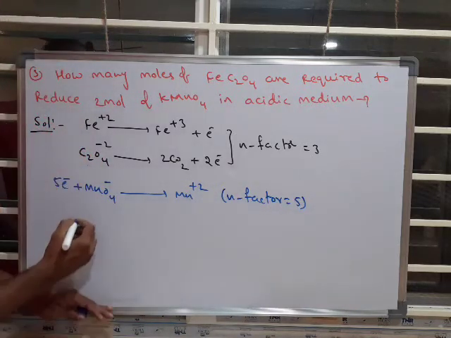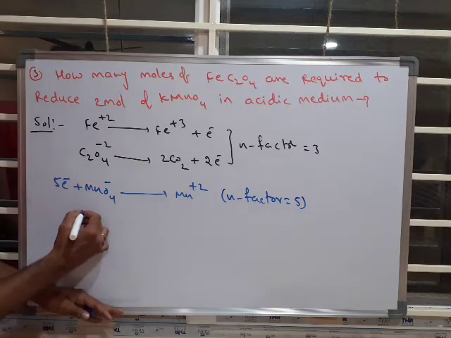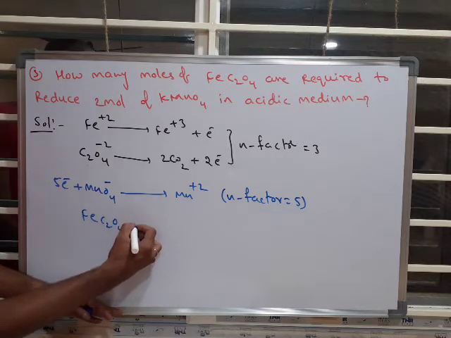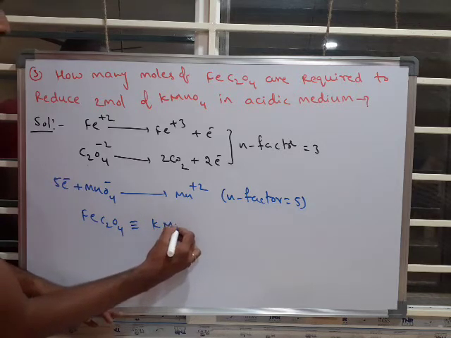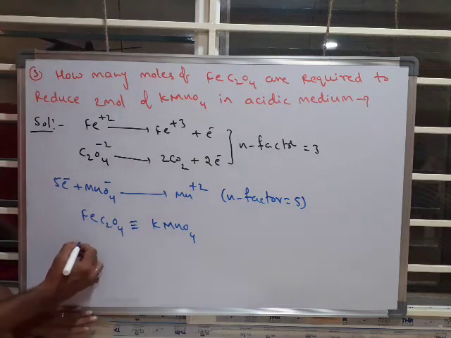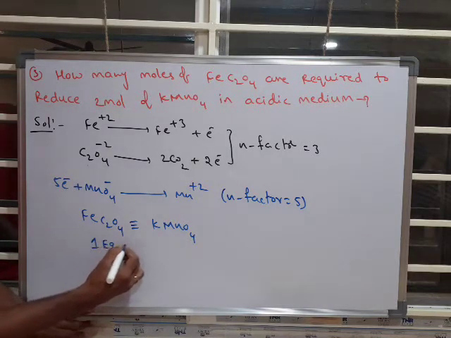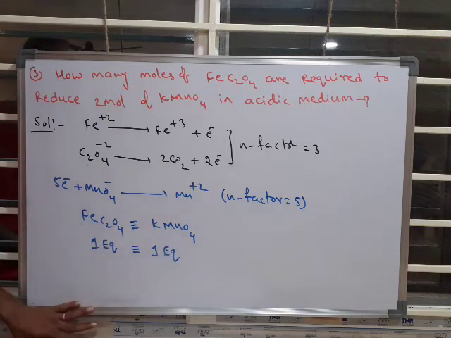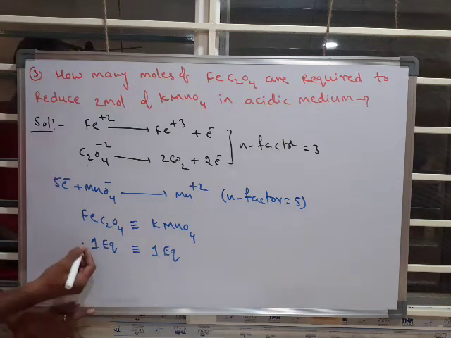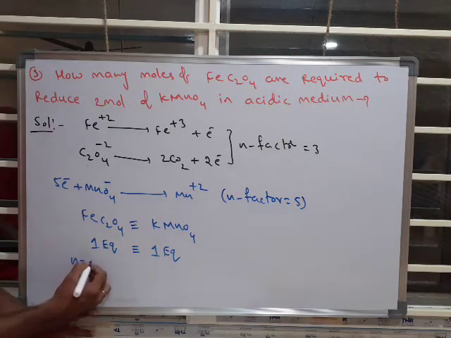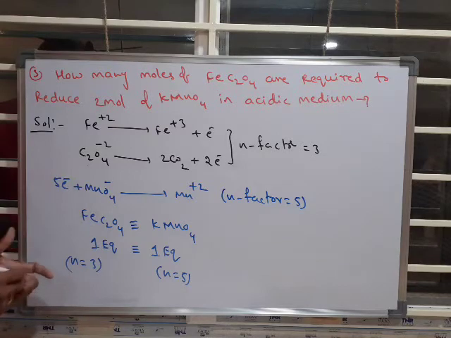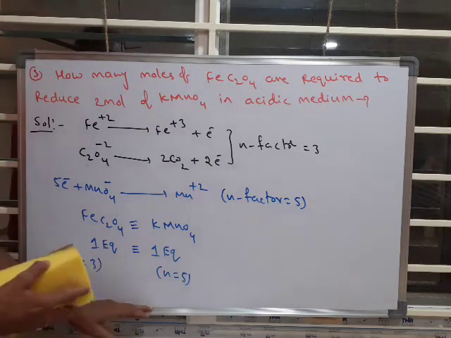So it is given in terms of potassium permanganate and FeC2O4. What is the N factor here? Directly we can equalize them: one equivalent of this reacts with one equivalent of this. So in terms of N factor, we can write 1 by 3 here, since the N factor is 3, and for the other the N factor equals 5. Using the N factor we can convert into moles.